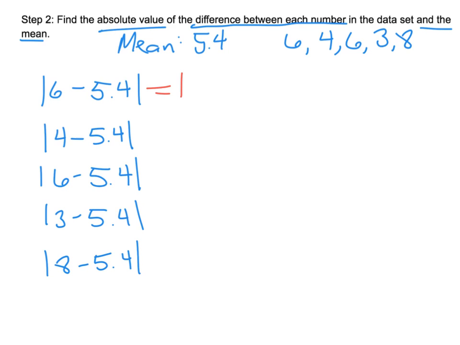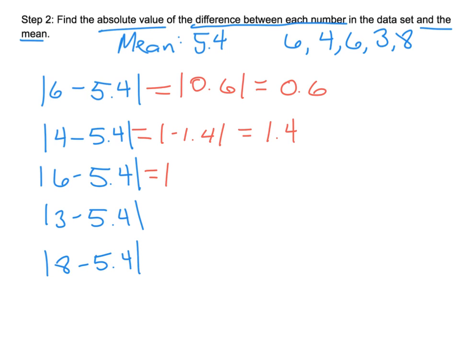6 minus 5.4 is simply 0.6, and the absolute value of 0.6 is 0.6. The difference between 4 and 5.4 is going to give us negative 1.4, and the absolute value of that is just 1.4.